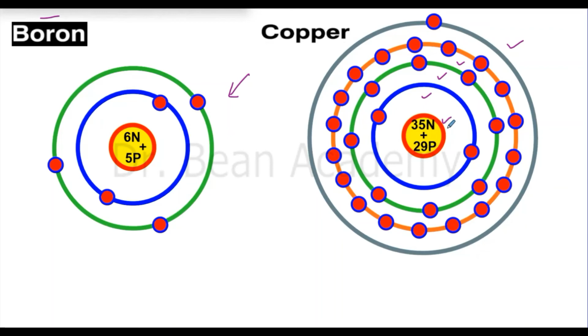So far we are only interested in the electrons in the outermost shell, whatever the shell is, whether it is second or the fourth. We are only interested in the electrons in the outermost or valence shell, and that's why we call them valence electrons.